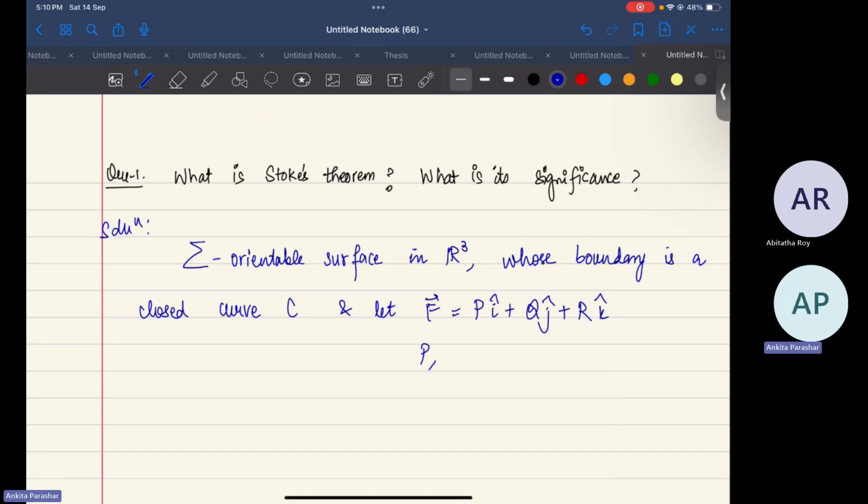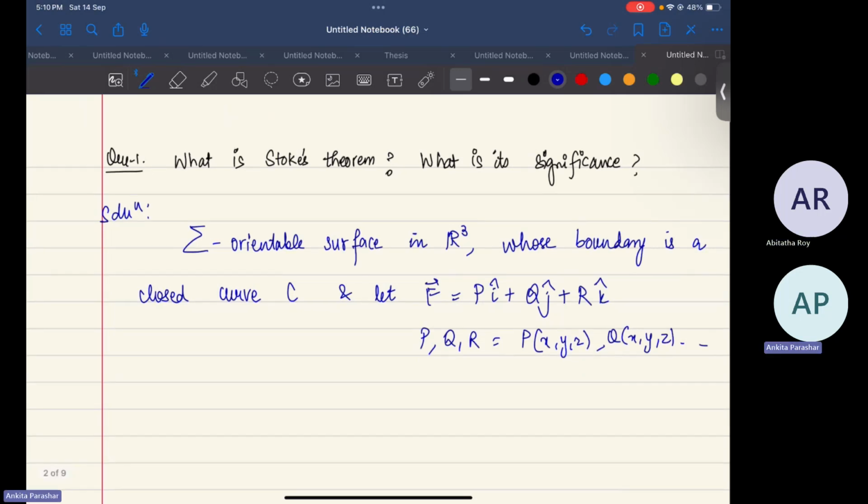Of course, P, Q, R are functions of x, y, z, so I can write them as P(x,y,z) and Q(x,y,z). This is one of the important things I'm going to tell: this is a vector field defined on a subset of R3 that contains sigma.